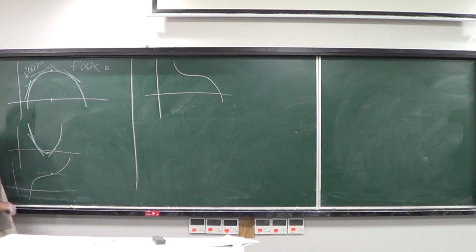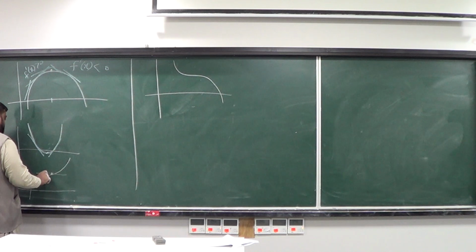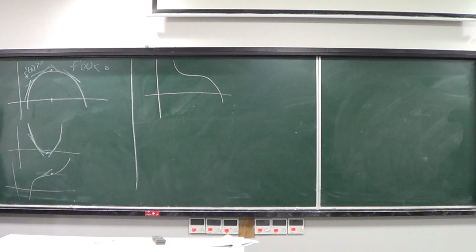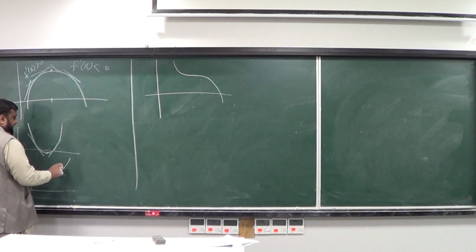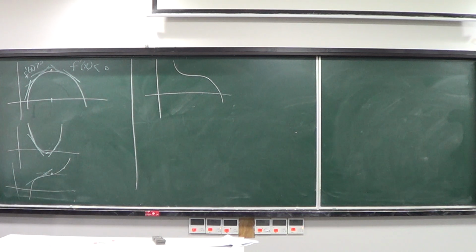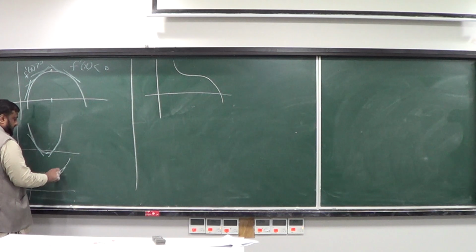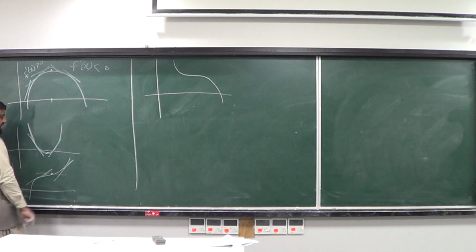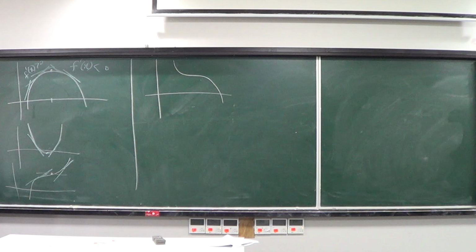But the trouble with this critical point is that if you look at the tangent lines before that critical point, they have a positive slope, and if you look at the tangent lines after the critical point, they are still positive.